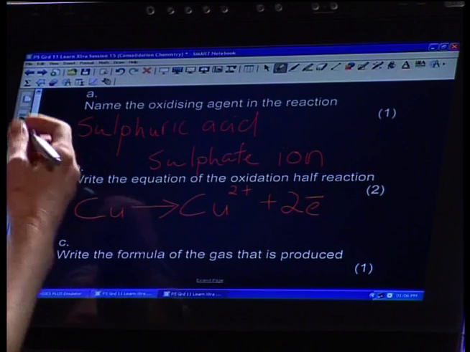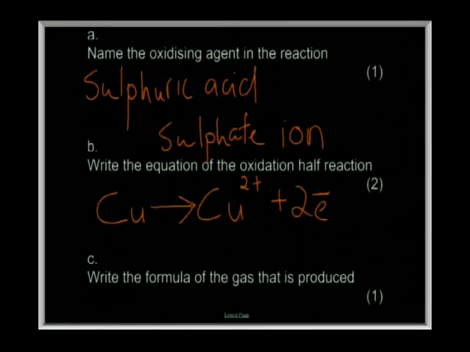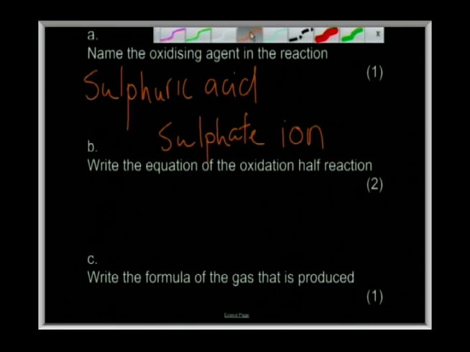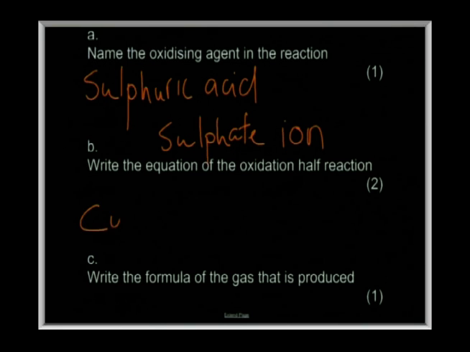Right. Next question asks us for the formula of the gas that is produced. Okay. Now, I suppose it's probably at this point not a bad idea just to write down the whole reaction. So let's do that. Let's say we've got copper and we've got sulfuric acid.